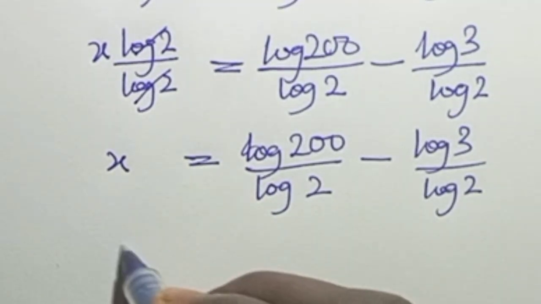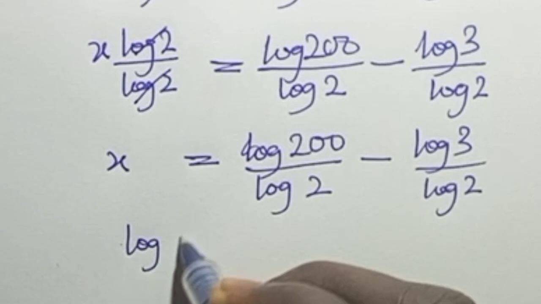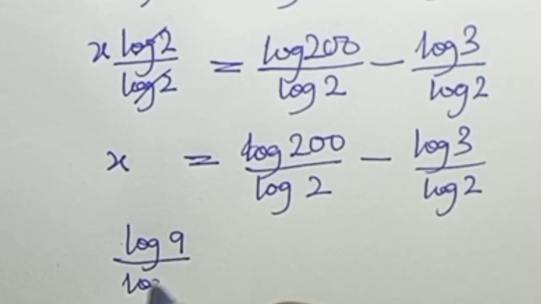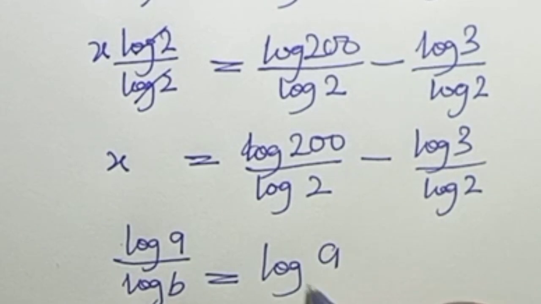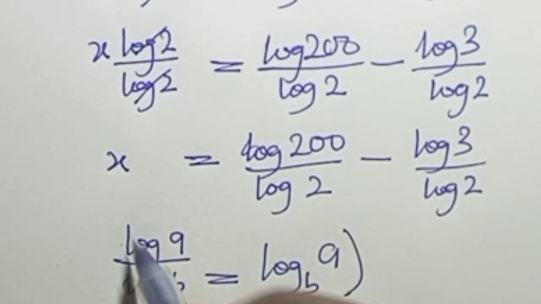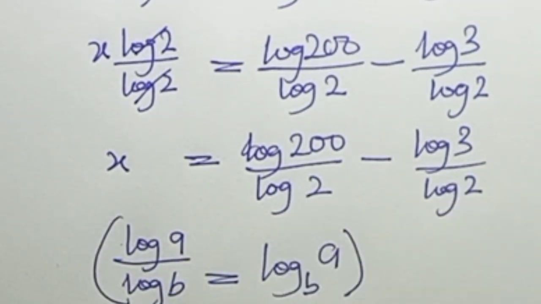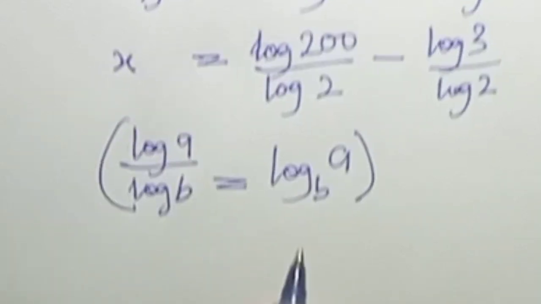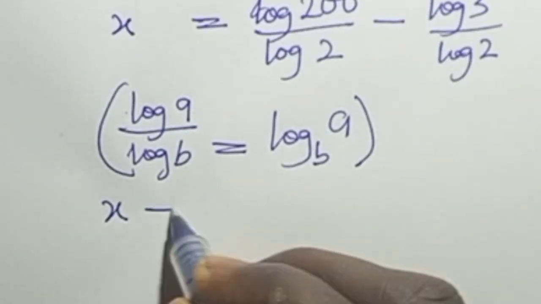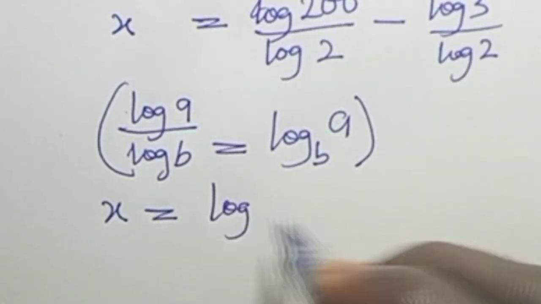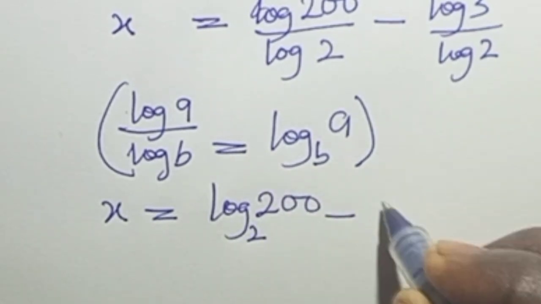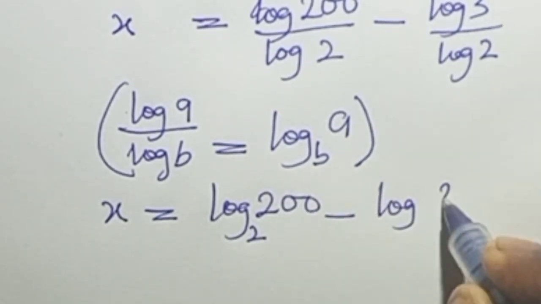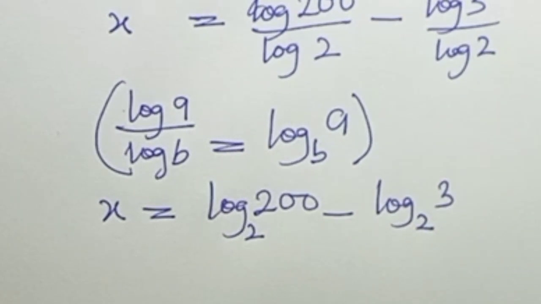And also, log a over log b is the same as log a base b. So we fit it here and here. So our x will become log 200 base 2 minus log 3 base 2.